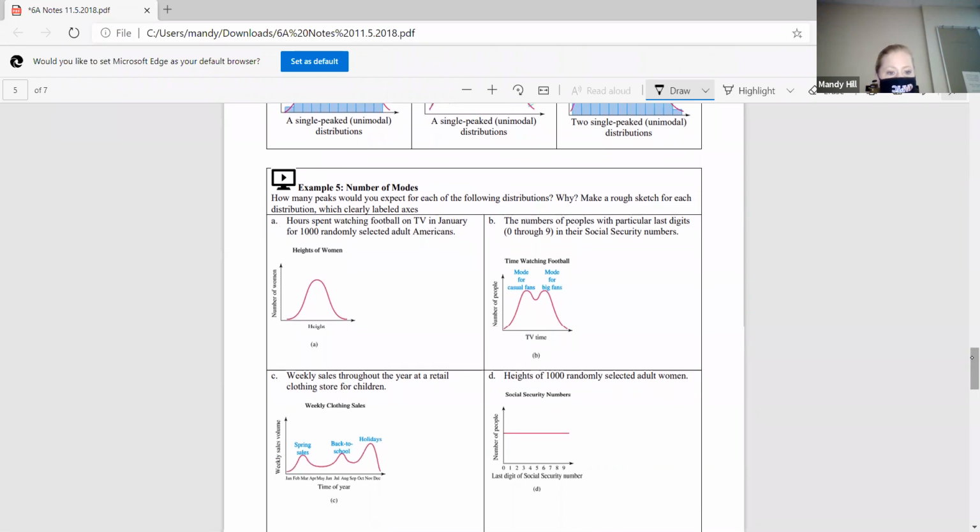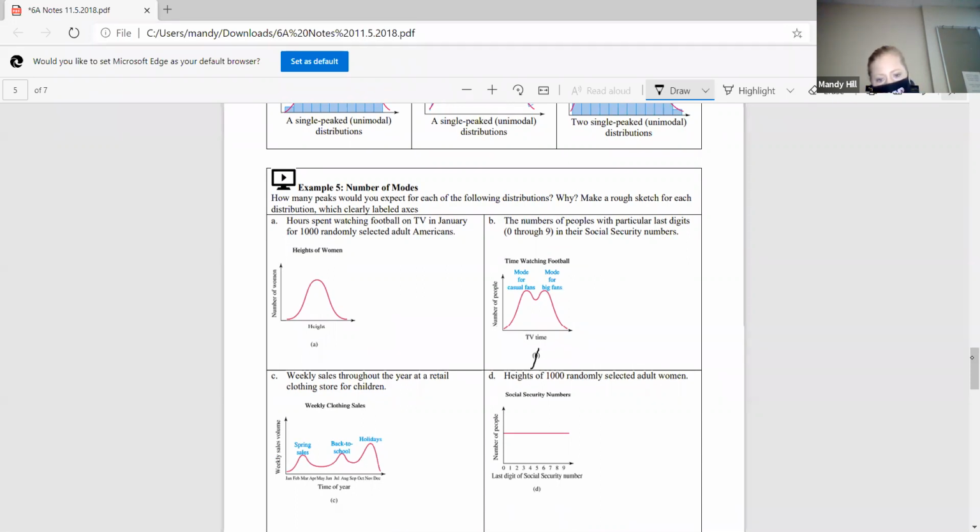So this says, how many peaks would you expect for each of the following distributions and why? Make a rough sketch. These are kind of like matching. It says hours spent watching football on TV in January for 1,000 randomly selected adults.